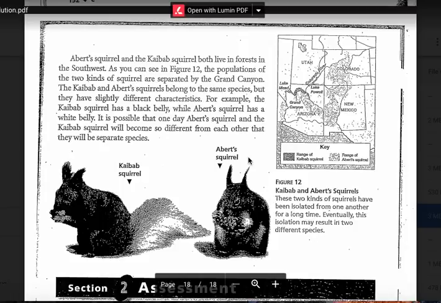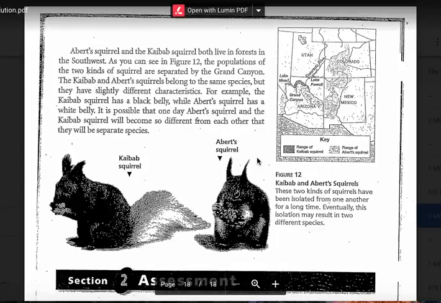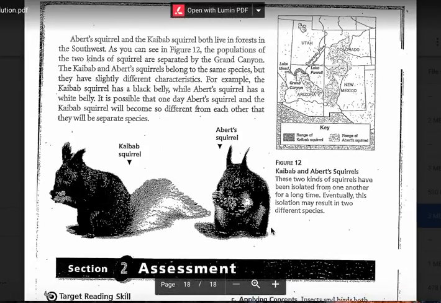The Kaibab and Abert squirrels belong to the same species, but they have slightly different characteristics. For example, the Kaibab squirrel has a black belly, while the Abert squirrel has a white belly. I've been saying Albert, but it's Abert squirrel. It is possible that one day the Abert squirrel and the Kaibab squirrel will become so different from each other that they will be separate species. Time will tell.